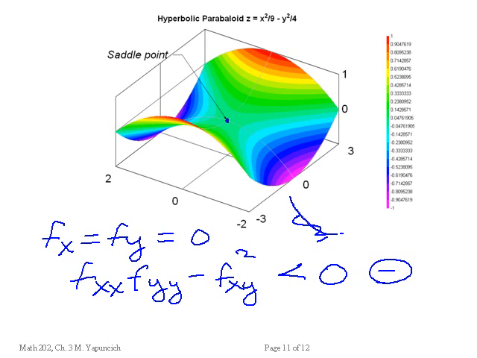I'm sorry, I drew it wrong. You would have a curvature along x looking like this, and the curvature along y looking like that, and that would be a minimum. If it was a maximum, you would have this curvature along x swooping down, and the curvature along y, and that would give you your maximum. But here you've got a saddle point.